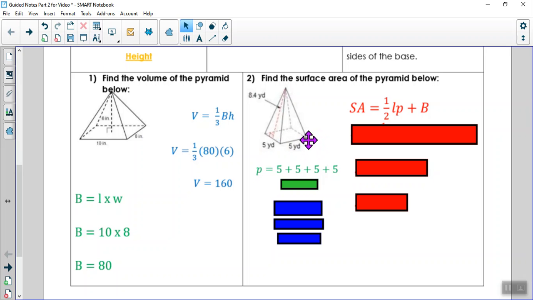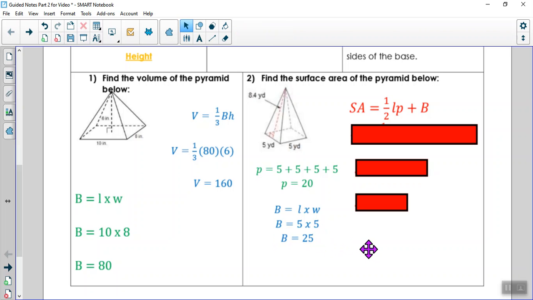So we're going to add 5 plus 5 plus 5 plus 5 because we have 4 sides, right? So the perimeter is going to be 20, and that's what P is going to be when we plug it into our formula. For big B, we're finding the area of the base. So that's length times width. Okay, so in this case, it's 5 times 5, because both length and width are 5. And then our final area there is 25.